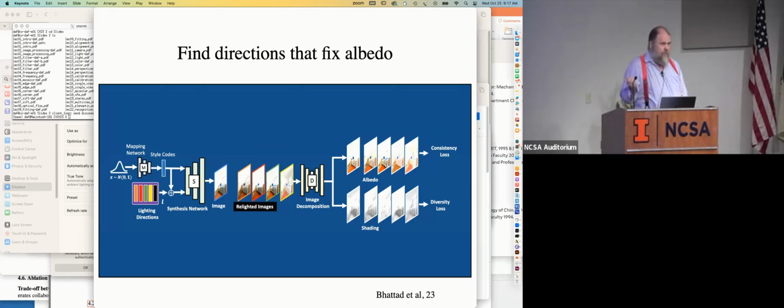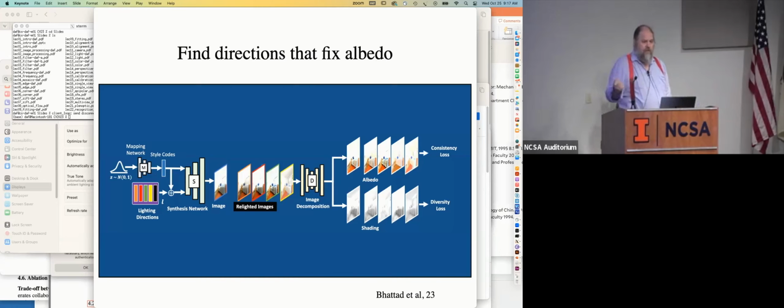Well, what I can do is find a procedure that will decompose an image into albedo and shading. And those things, they're a little bit shaky right now, but they do exist. I will take my putative relighted image. I will check, did the albedo change? If it did, then the thing that I added to the style code was wrong.